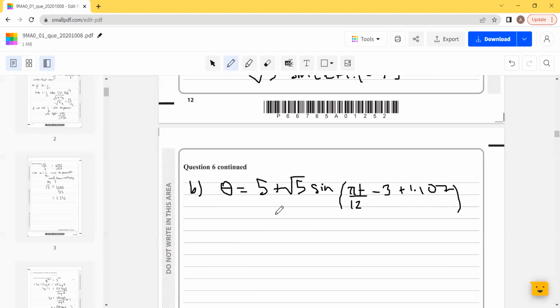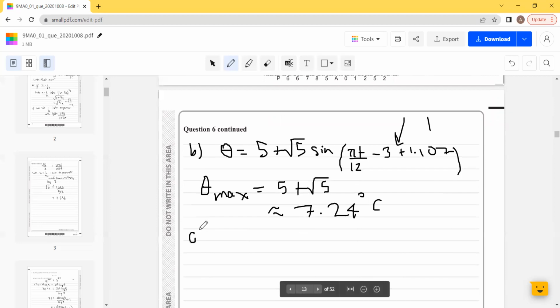Now theta max is simply when this term is 1. So it simply is 5 plus root 5, or approximately 7.24 degrees Celsius.